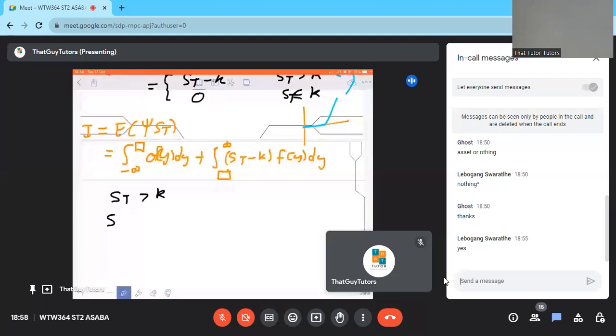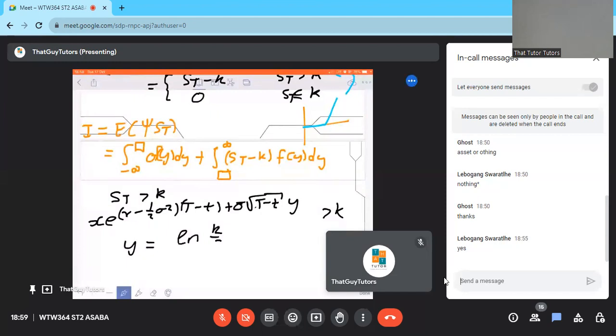So you will have the square root of T minus small t times y. In that case, your y is going to be equal to ln of K over x, and then this whole part, and again you should remember that this part was your m, so minus m, over sigma square root of T minus t.